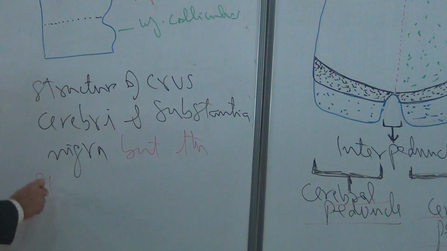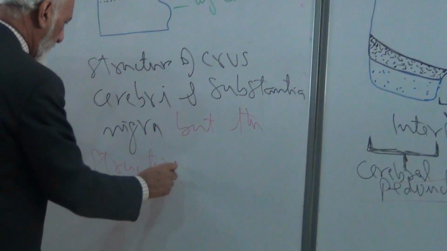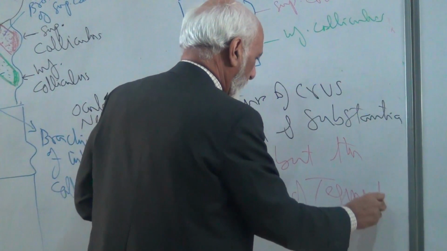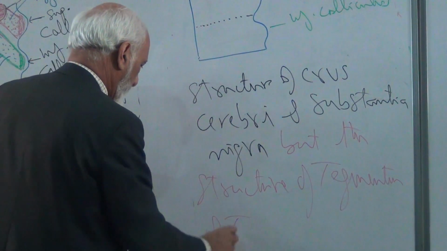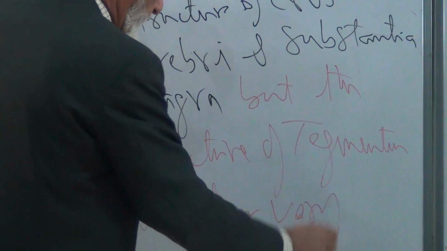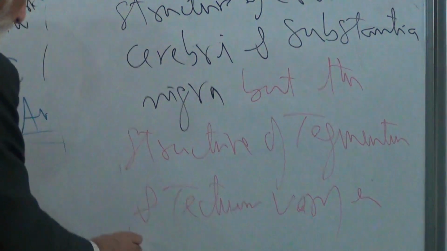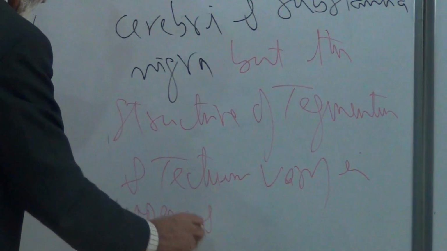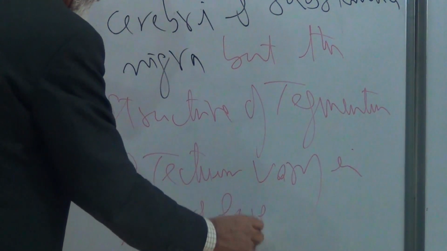But the structure of tegmentum and tectum vary in upper and lower halves of the midbrain.